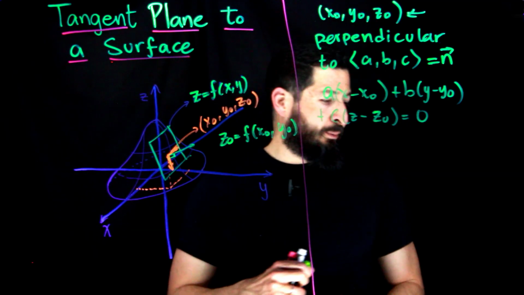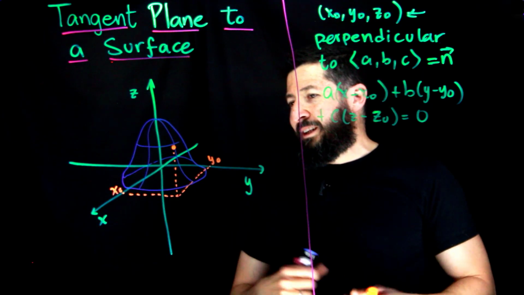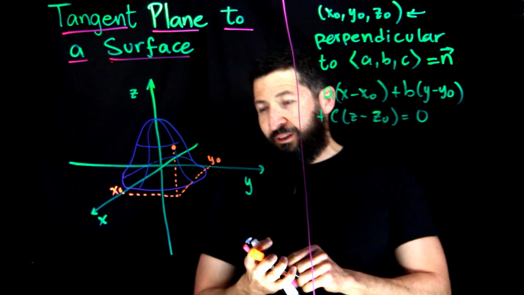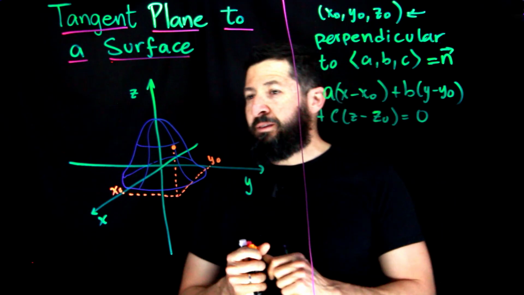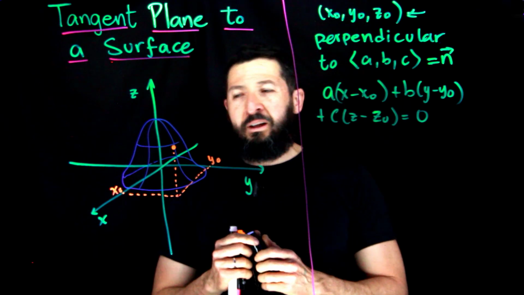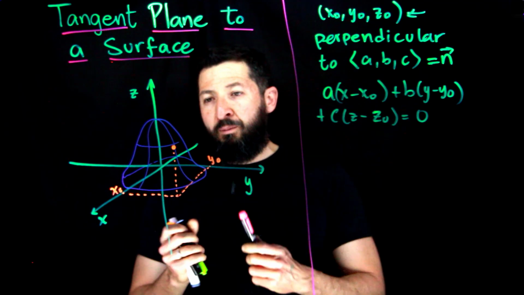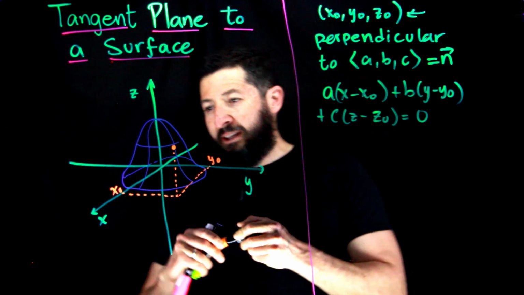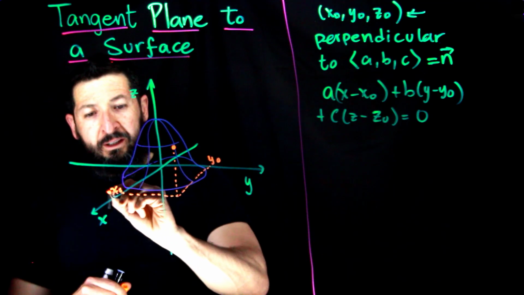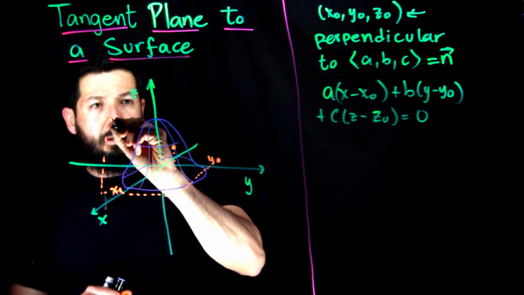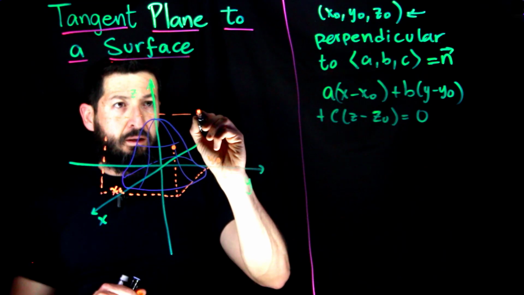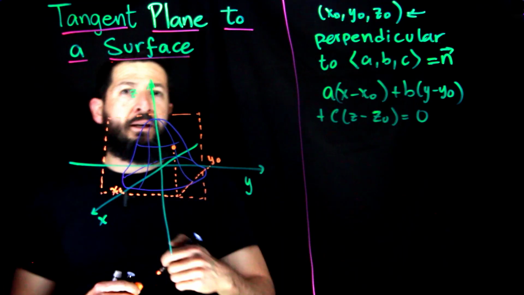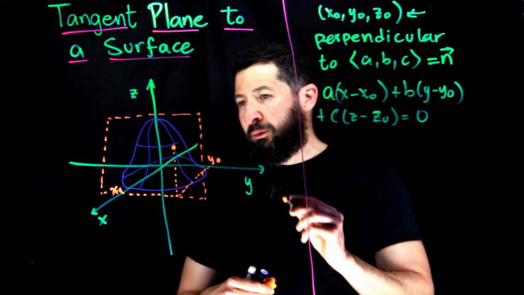So let me erase, and I'm going to be right back. Alright, so let's return to what we were trying to do. I need to find those two vectors I talked about. So let's figure out how we can do it. The easiest way is by taking the plane x equals x naught and cutting the surface in that direction.